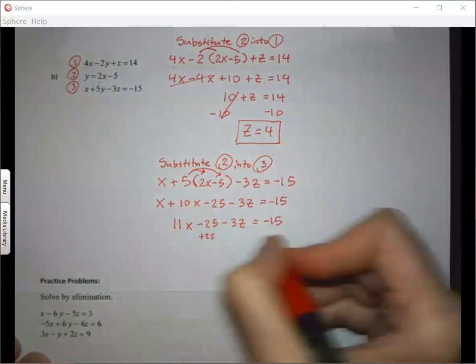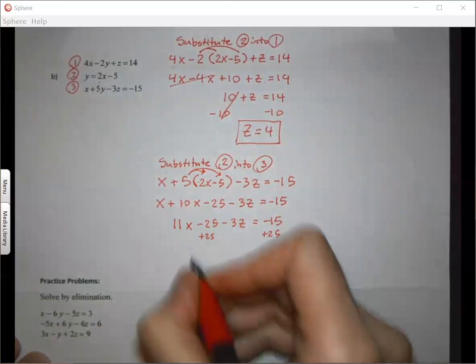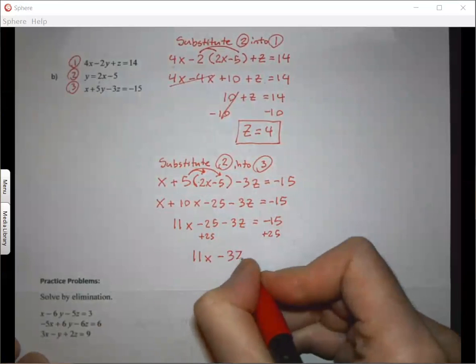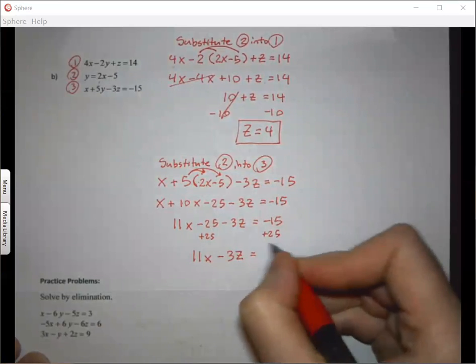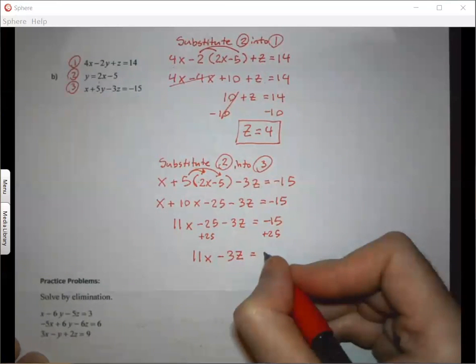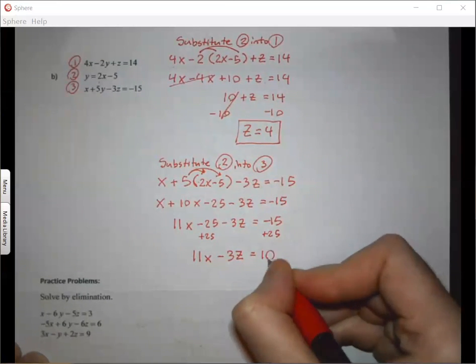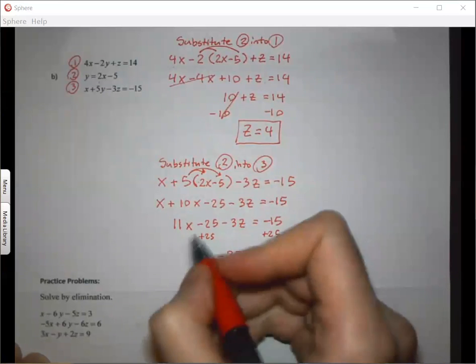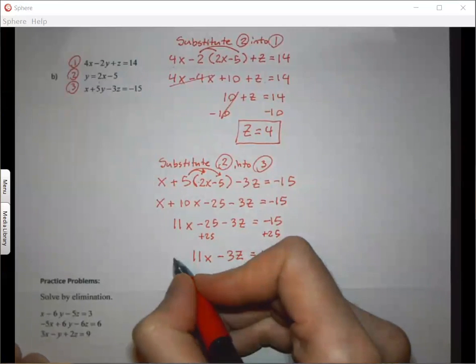Add 25 to both sides. -15 plus 25 is 10. So we have a new equation. Let's call that equation 4.